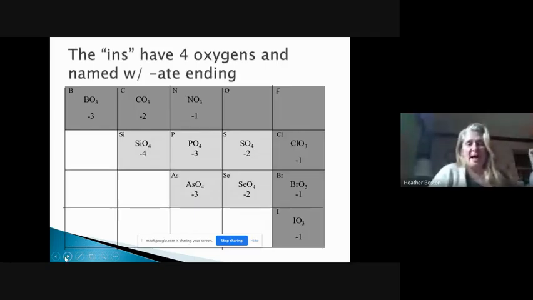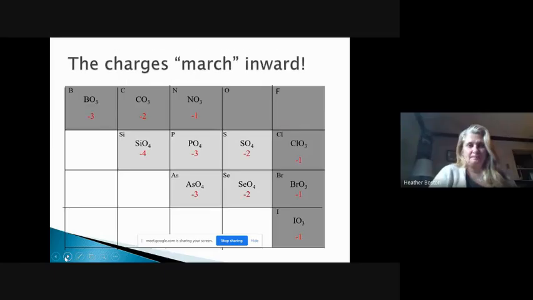The inside ATE versions of polyatomic ions have 4 oxygens. The ATE version is the most common form of a polyatomic ion, and we'll see how the other polyatomic ions are related to it. So notice the charges march inward. So fluorine and oxygen don't play this game, and then nitrogen 1, carbon 2, boron 3.